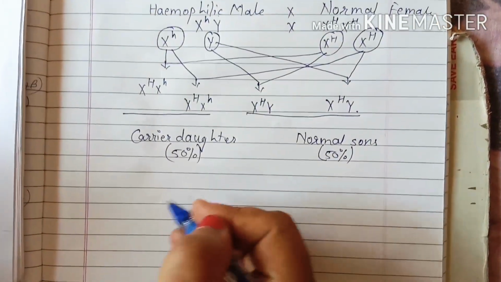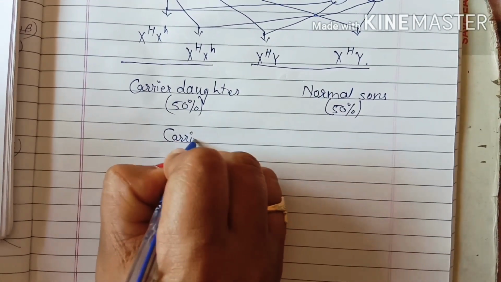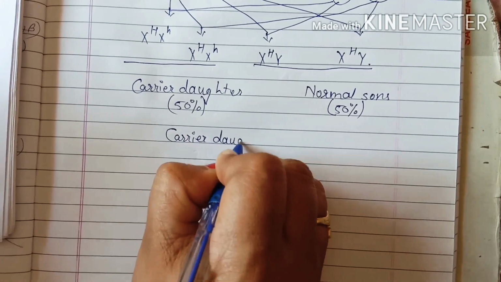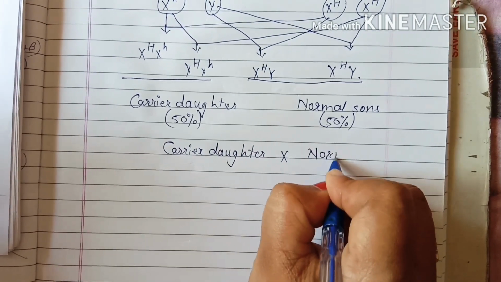Now in the next cross, we are going to cross a carrier daughter with a normal male.